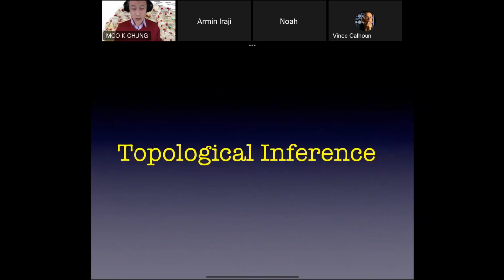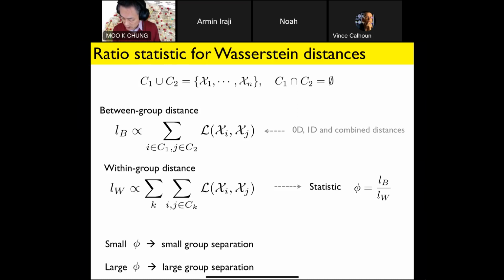So then, how did we actually do the topological inference? It's the same distance, the same technology. We have two clusters or two groups, and I want to test whether they are equal. There's not much difference between the clustering problem and the inference problem. The inference problem is basically a two-sample inference problem. You can think of it as clustering with two clusters.